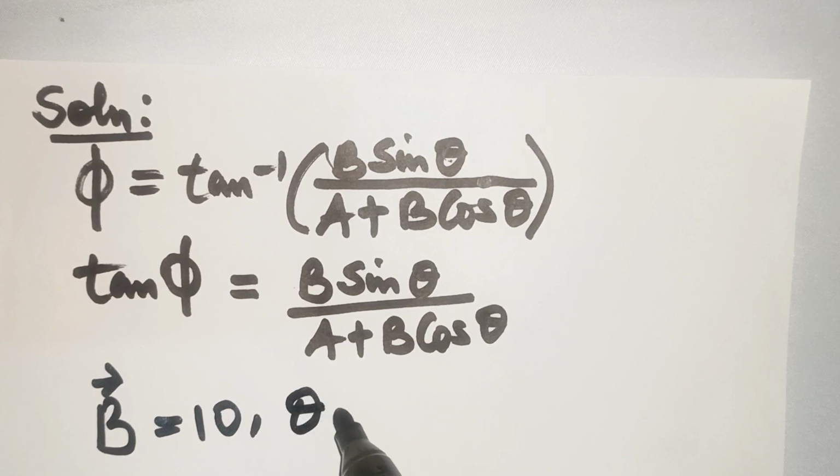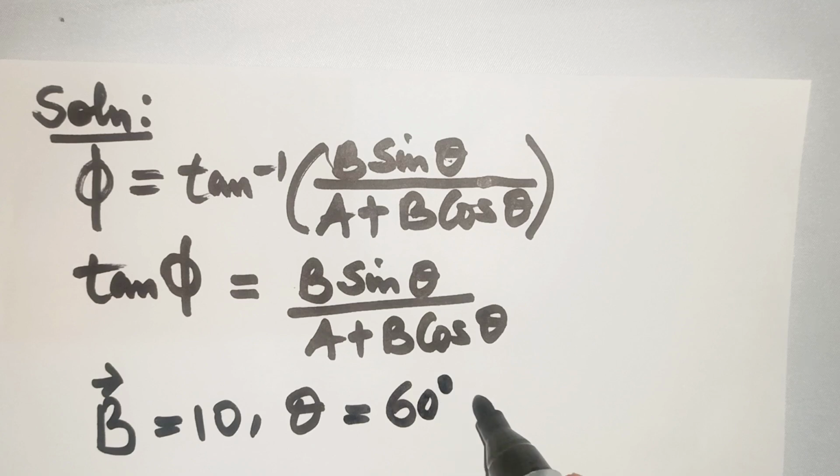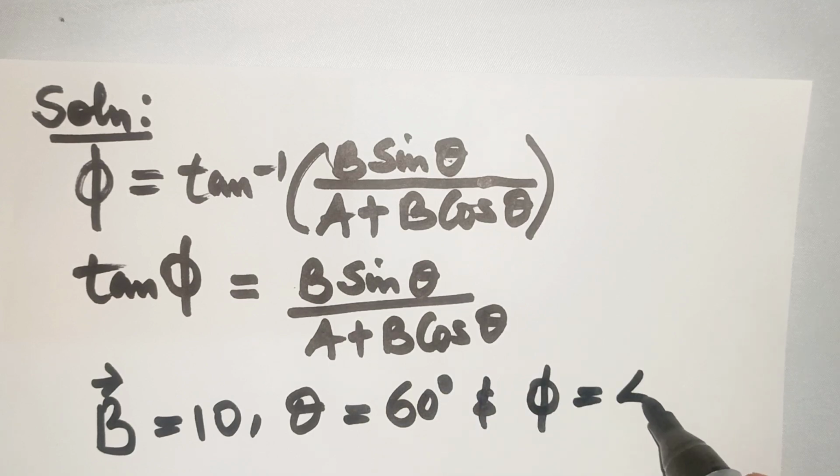The angle theta is equal to 60 degrees and the angle phi is equal to 45 degrees.